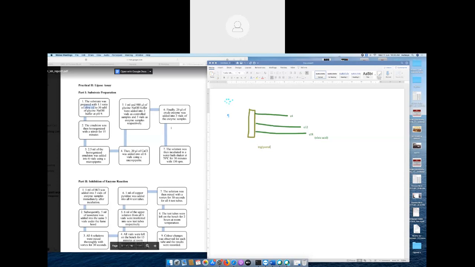Lipase will break the ester bond between these.